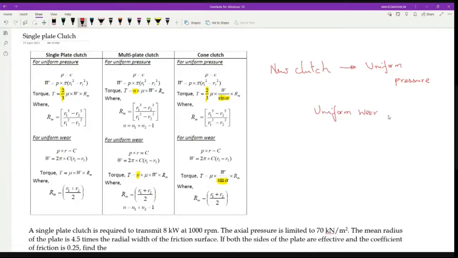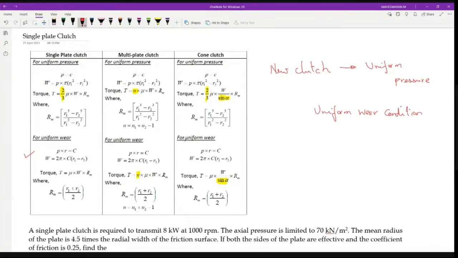If you verify the Ratan book, most of the problems were solved in uniform wear. They used only these three formulas. They used uniform pressure only in the question when they mentioned it's a new clutch.